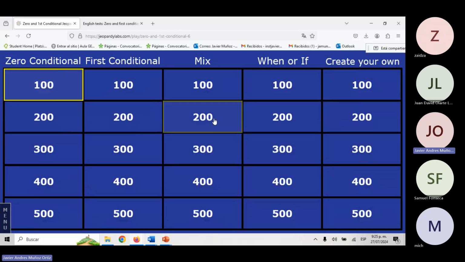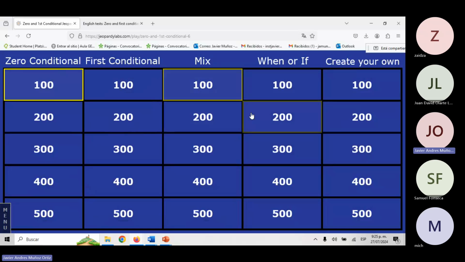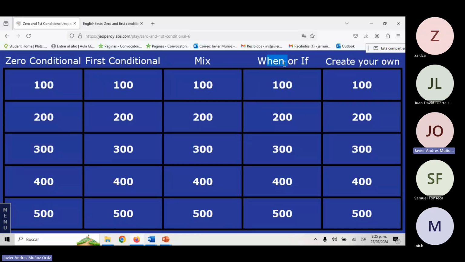In the third column, you're going to find questions in zero and first conditional. When and if, you already know the difference. When we have two options, and if we have 3, 4, 5, 50 possibilities of events or results, and create your own.